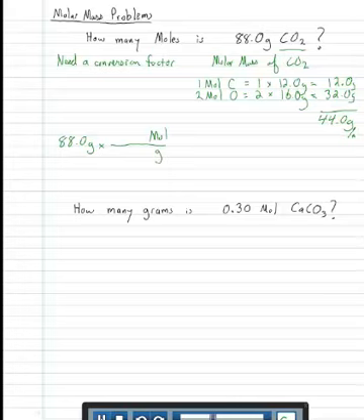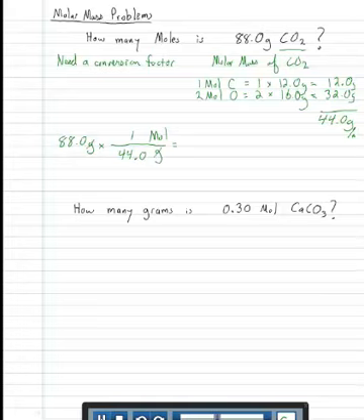So now I can just easily plug in my molar mass. I know that 44 grams of carbon dioxide is equivalent to 1 mole. So I plug in 44.0 grams is 1 mole, and then I calculate that. I notice my units cancel out very nicely. Grams cancels out grams.